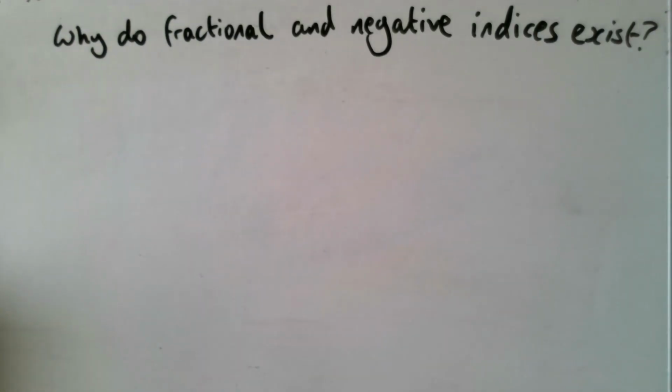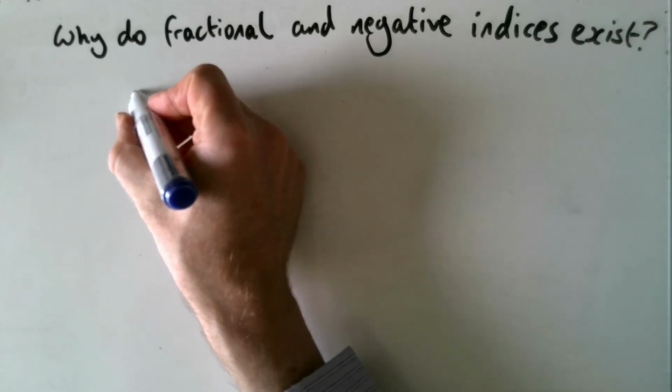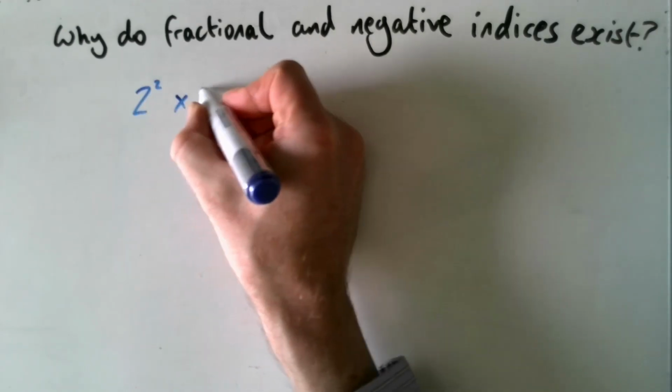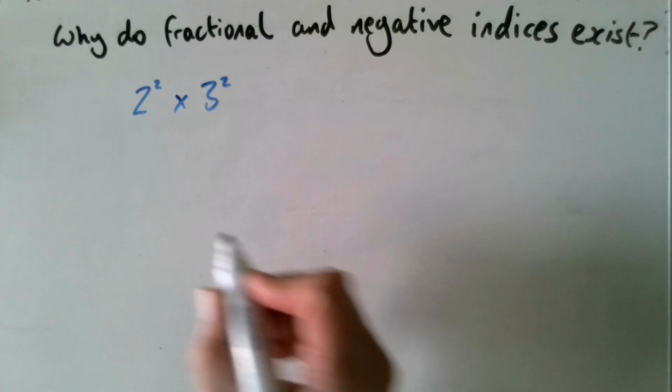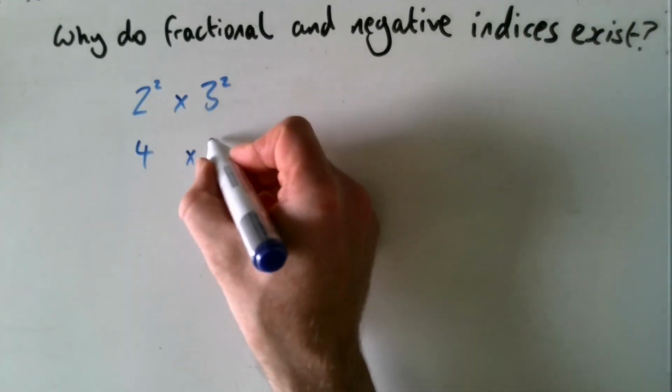And how's about the fractional side of things? Well, that's going to make us think about surds. You may be aware that if I had 2 squared and I multiplied it by 3 squared, well, 2 squared, that is 4. 3 squared, that is 9.